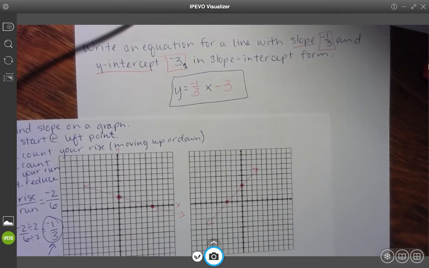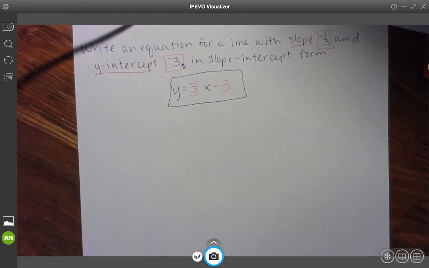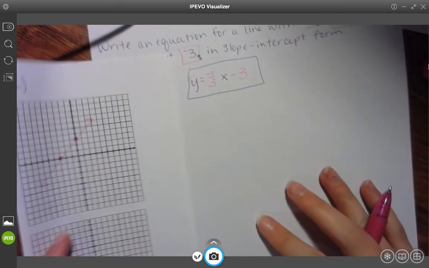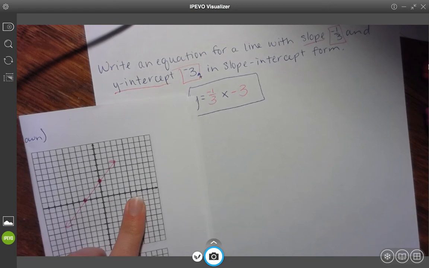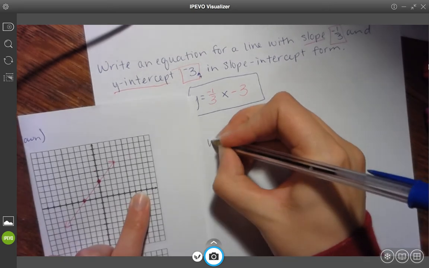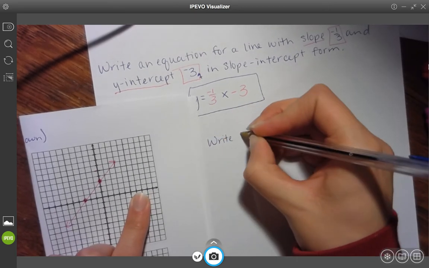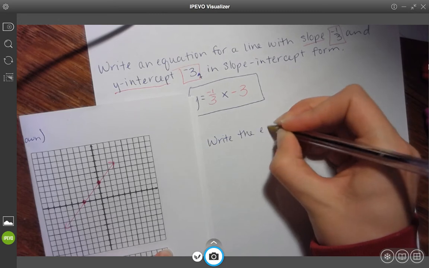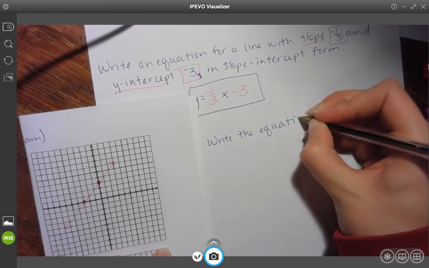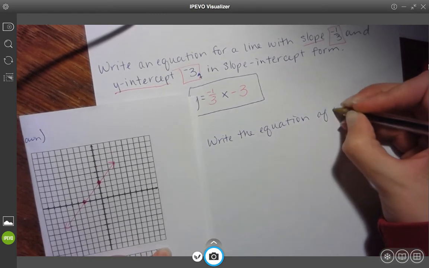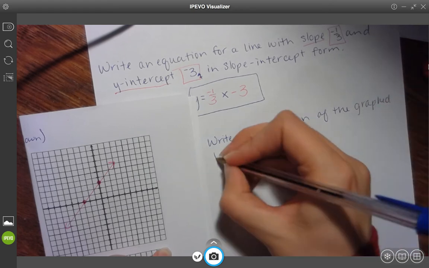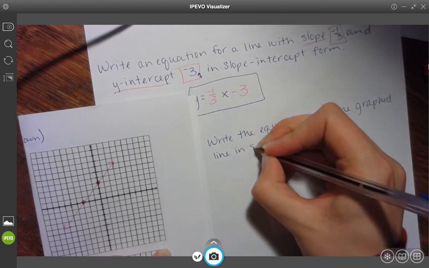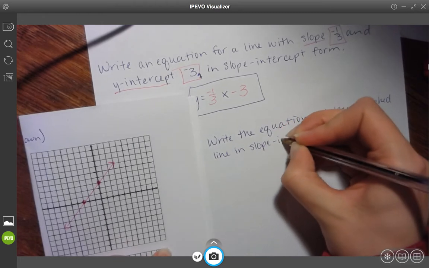All right, so if I'm looking at this graph, I'm going to say, write the equation of the graphed line in slope-intercept form.